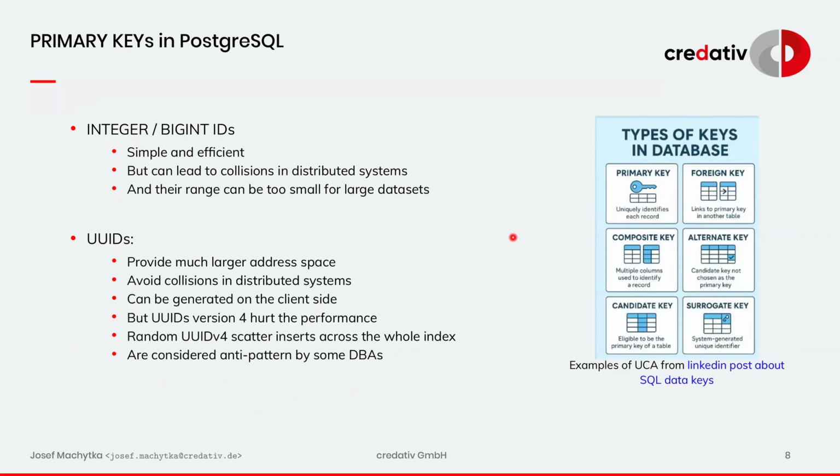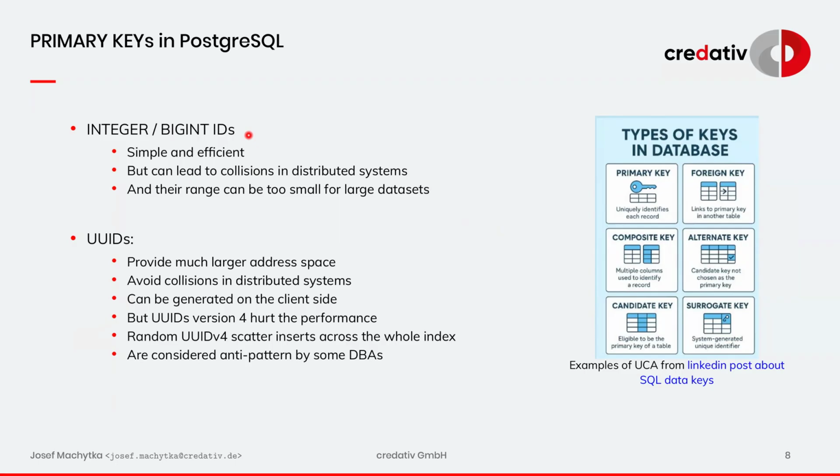So, when we look at usual choices for primary keys in Postgres, there's integer and big integer IDs. They are simple and efficient, but the problem is that they can easily lead to collisions in distributed systems.